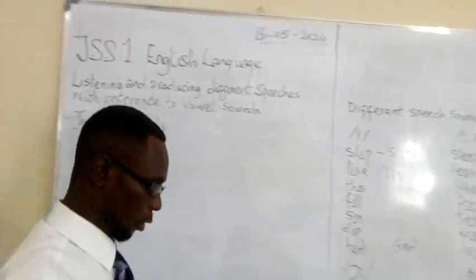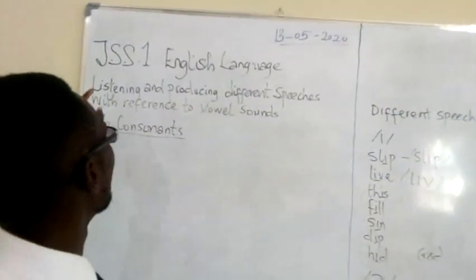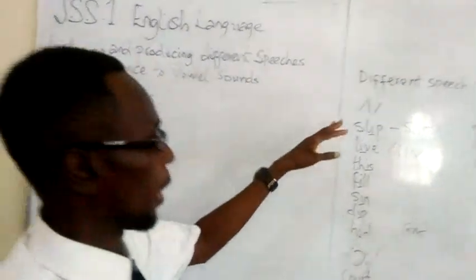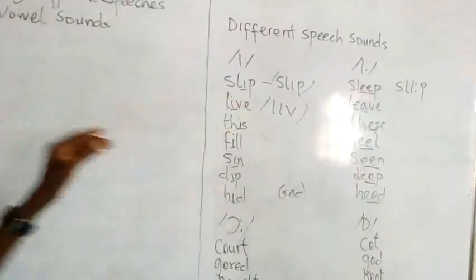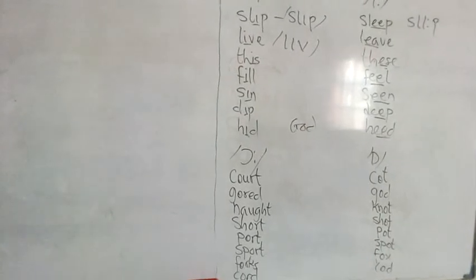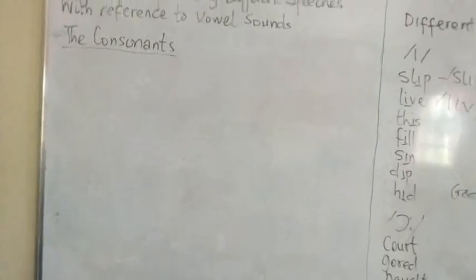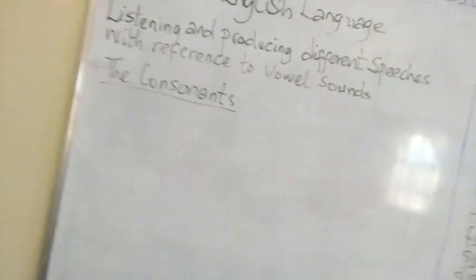So let's quickly look at them. Remember the topic, listening and producing. So you have listened to me and then you have helped me to produce them too. We're going to do the same thing here with the consonants. You're going to listen to the way I articulate the sound and then you produce it too by articulating it.